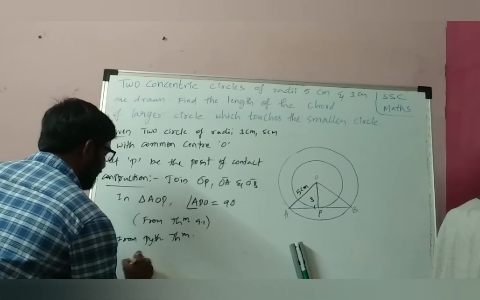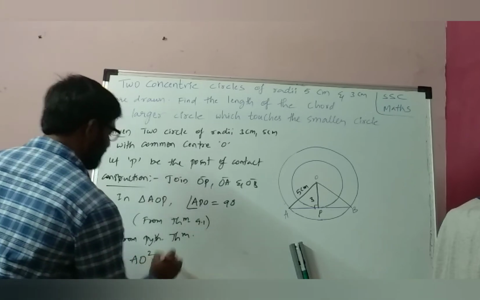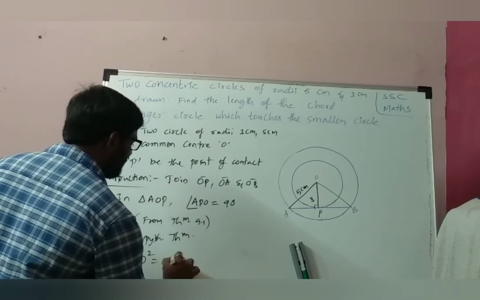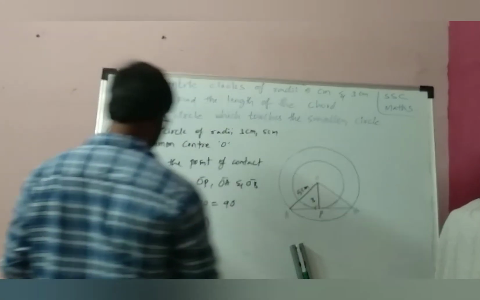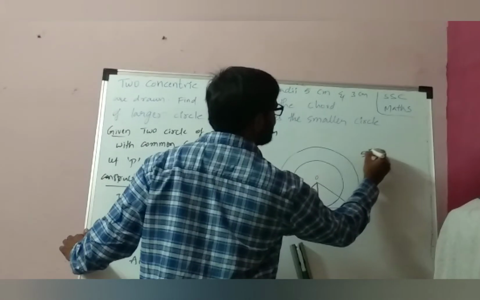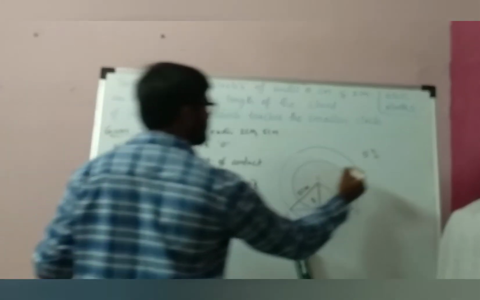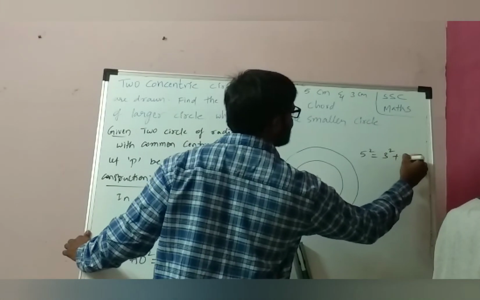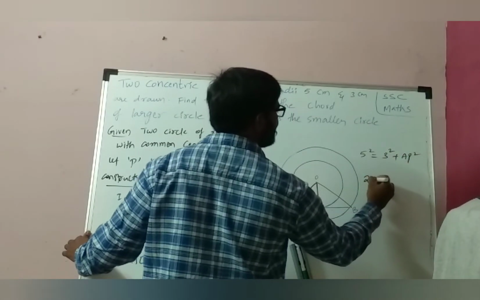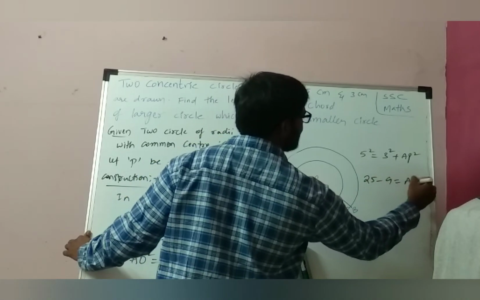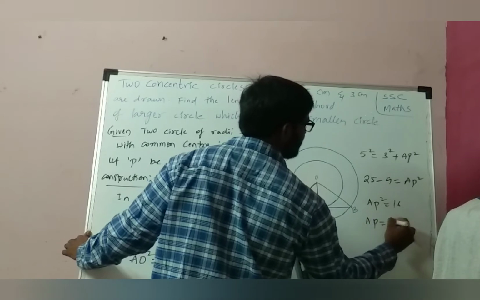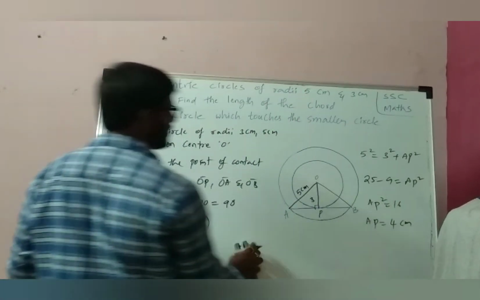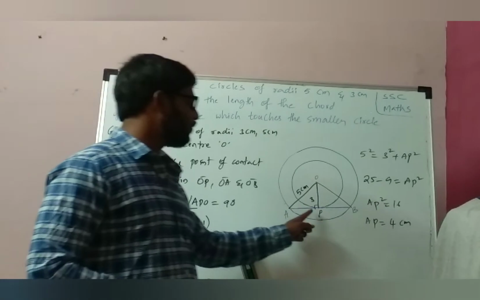That is AO square equal to OP square plus AP square. What is AO? 5 square equal to 3 square plus AP square. So 25 minus 9 equal to AP square. AP square equal to 16. AP equal to root 16, that is 4 centimeters. We got AP equal to 4 centimeters.